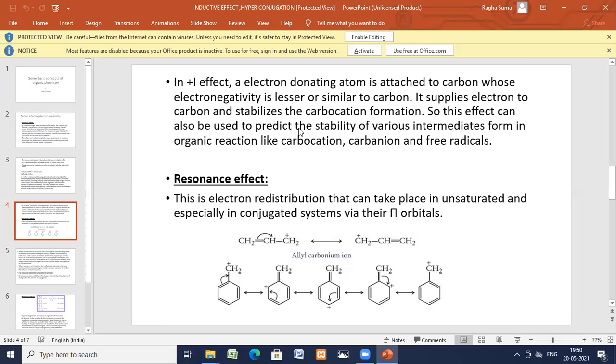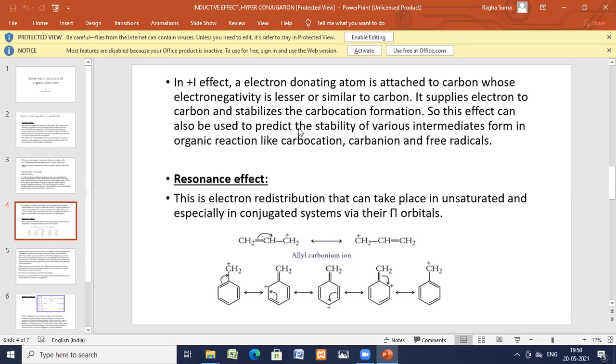And the electron releasing groups, I've told you the examples, those are the plus I groups, the alkyl groups. The tertiary alkyl group has a higher plus I effect than the primary group. So the tertiary group has more donating capacity than the isopropyl group.